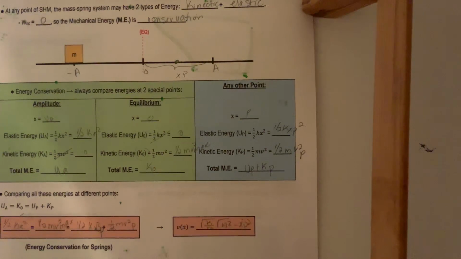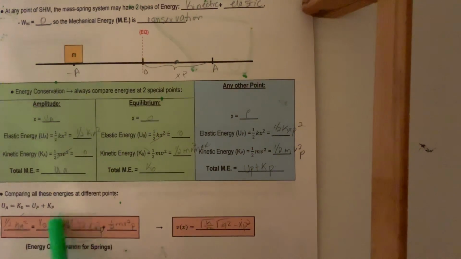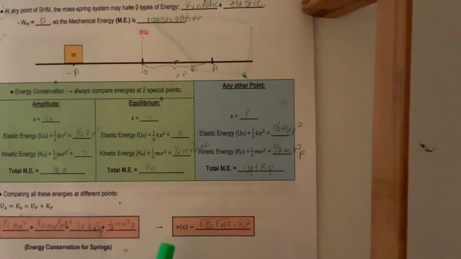So in this example, it asks for the max speed and the speed when it is at negative 0.2 meters. That's position, so for part B we need to use this formula.